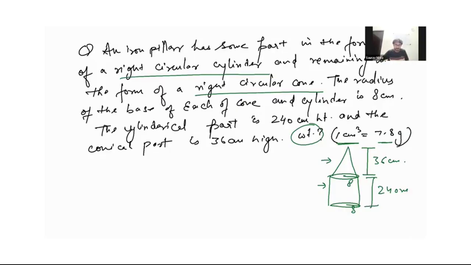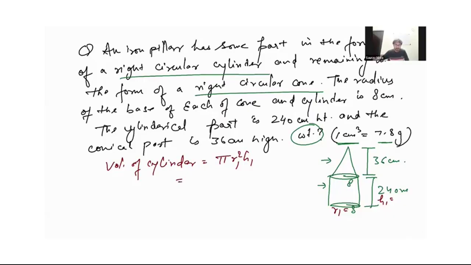First, let us calculate the volume of the cylinder. Let us consider the radius R1 and the height H1. The volume of the cylinder will be pi R1 square H1.